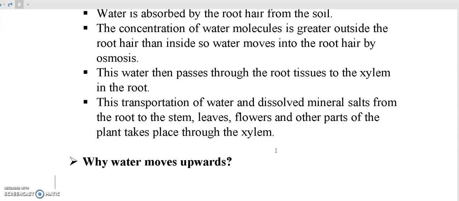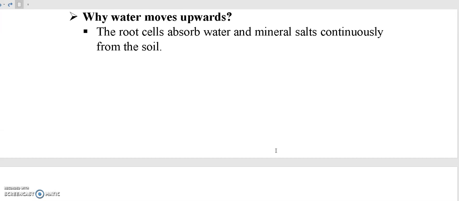So today our first question is, why does water move upwards? We know that the root cells absorb water and mineral salts continuously from the soil. So the first point is, root cells absorb water and mineral salts continuously from the soil.